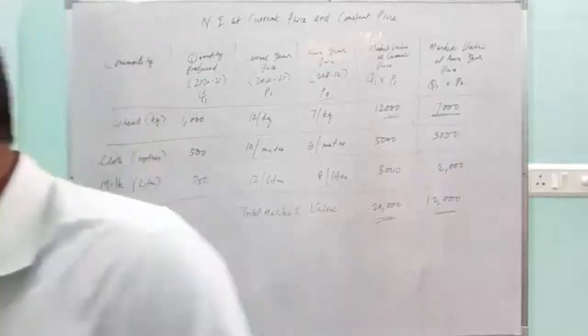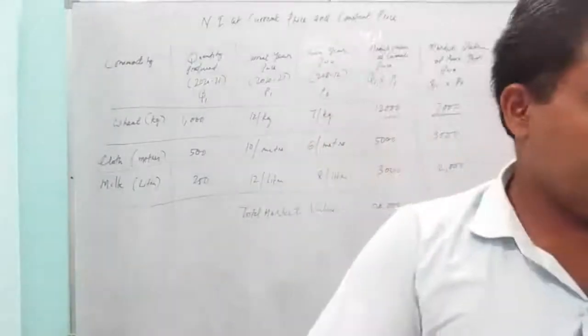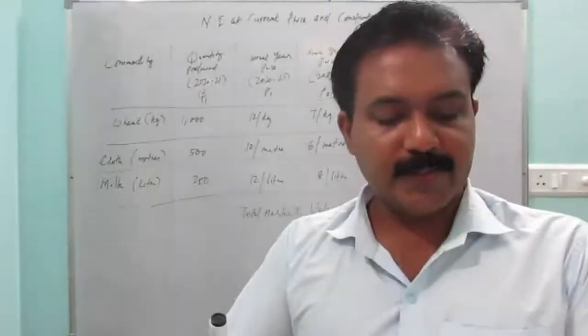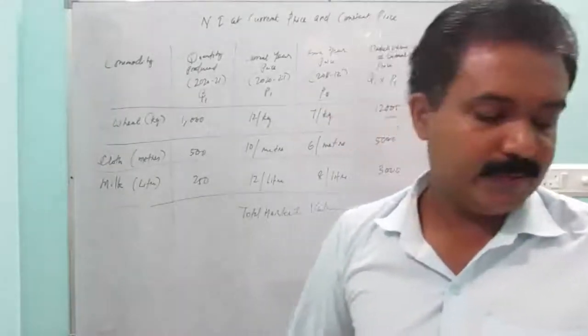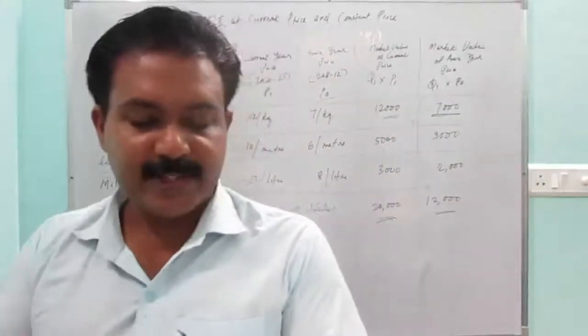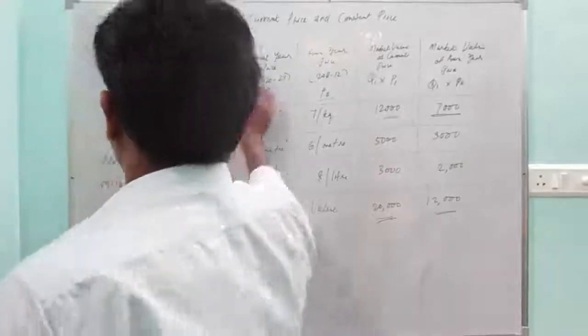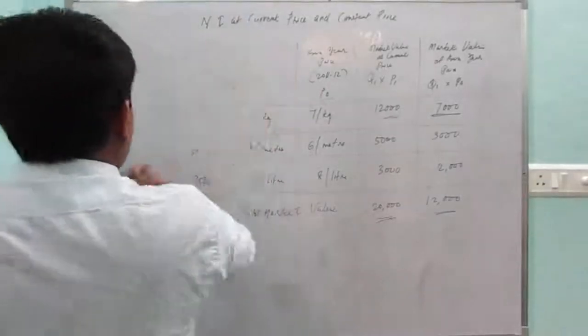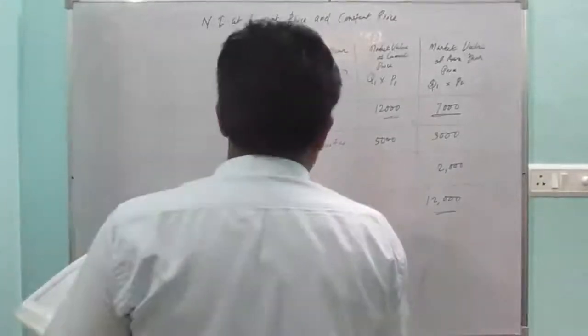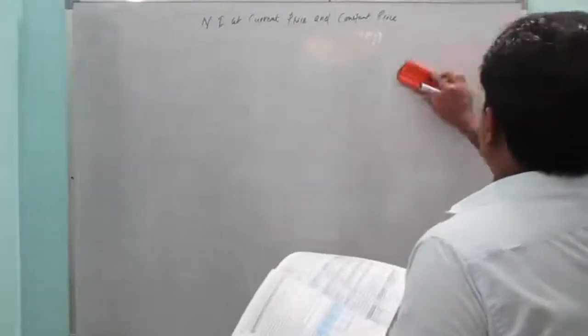Now, next one, conversion of national income at current price into constant price. One more point we will see. This can be done by eliminating the effects of price change on national income with the help of a suitable price index.